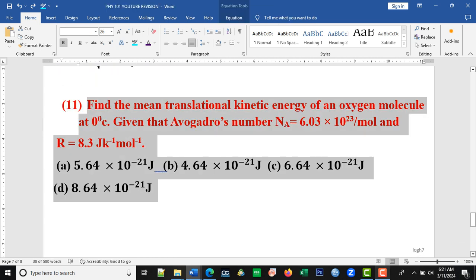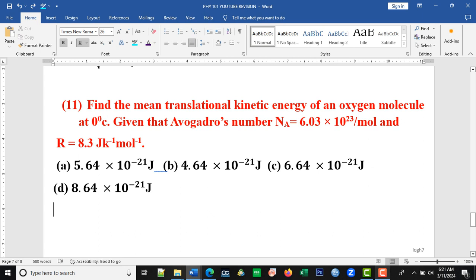This one says, find the mean translational kinetic energy of oxygen molecule at 0 degrees Celsius. Given the Avogadro's number Na equals 6.03 times 10 to the power 23 per mole, and the constant R equals 8.3 joules per Kelvin per mole.